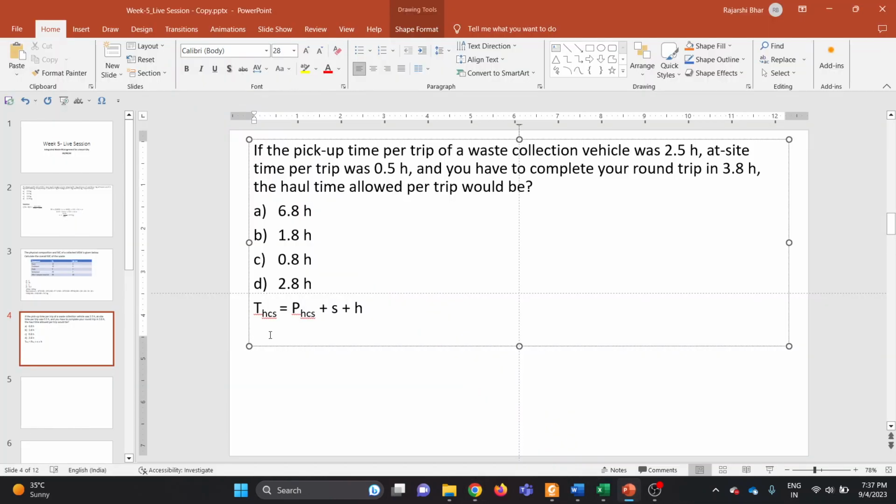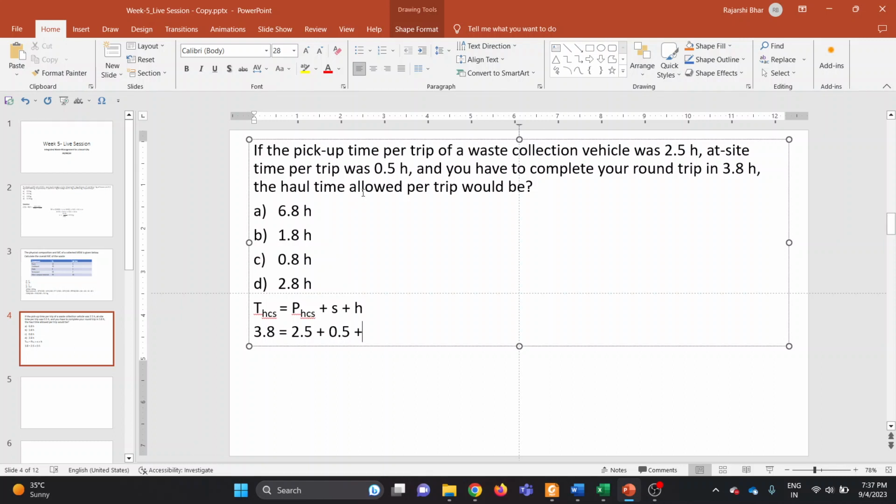Okay, fine. So the total time has been shared with you. You have to complete your round trip in 3.8 hours. That is the total. Next, what is given? Pickup time per trip is 2.5 hours. Then at site time per trip is 0.5 hours.